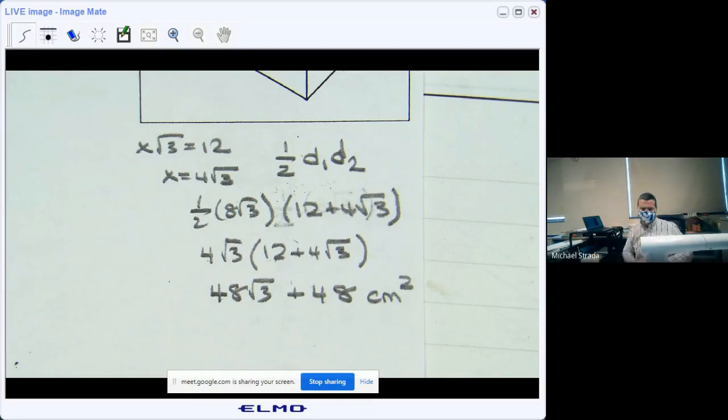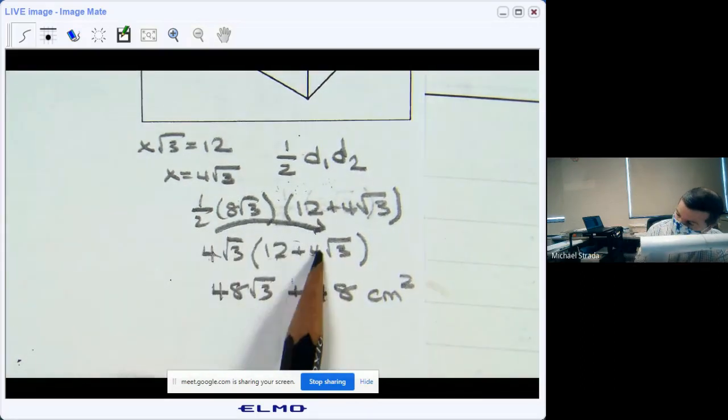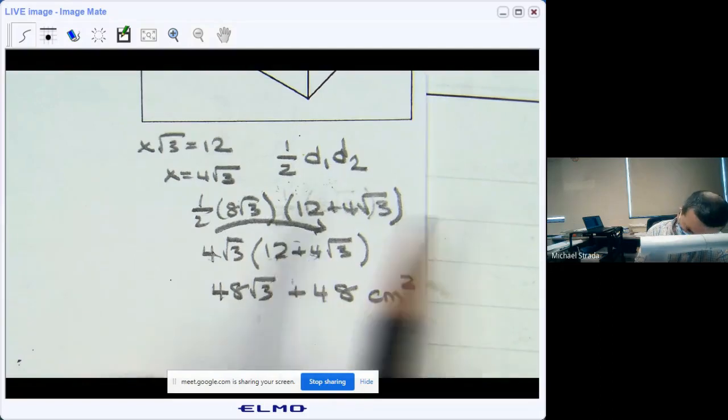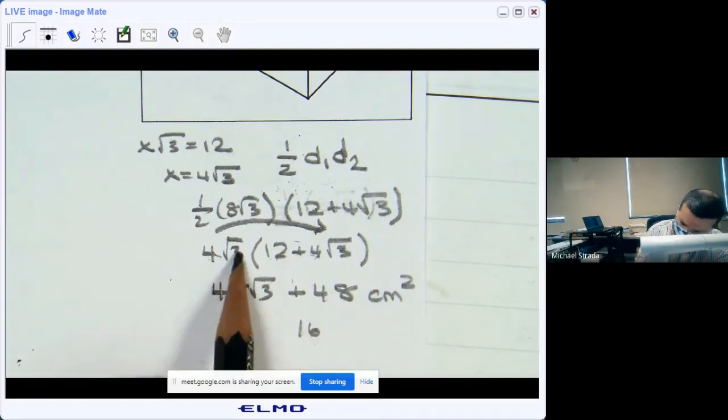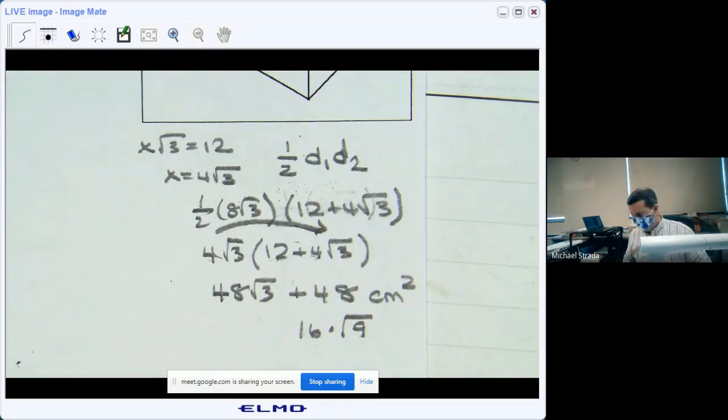All right. How'd you get to the 48? 4 times 4, 16. Square root of 3 times the square root of 3 is square root of 9. What is the square root of 9? Ray, what's 3 times 16? Good? That's it.